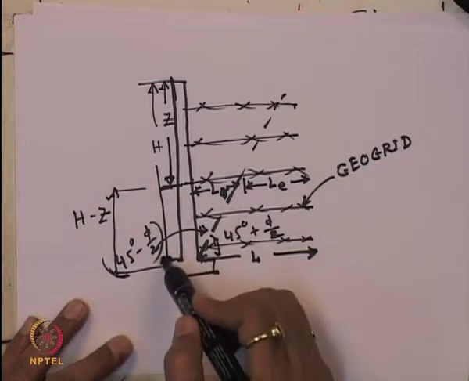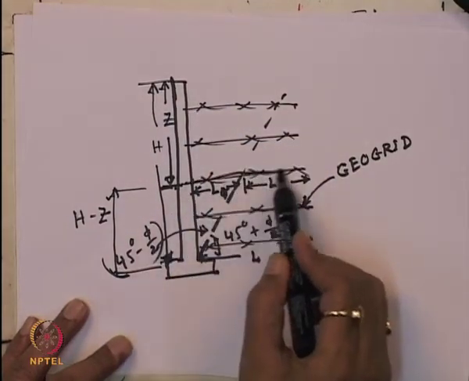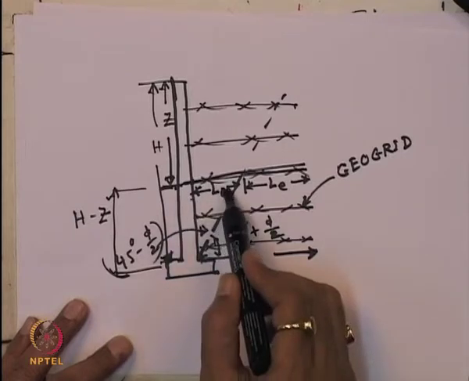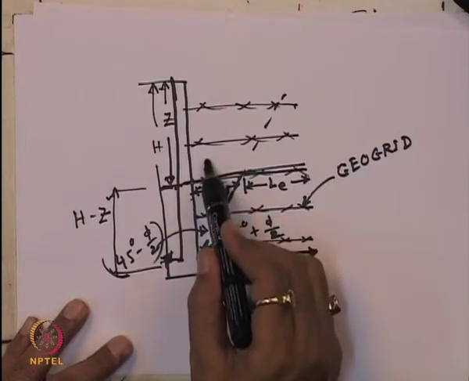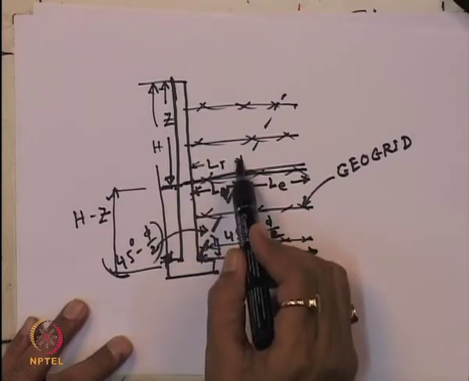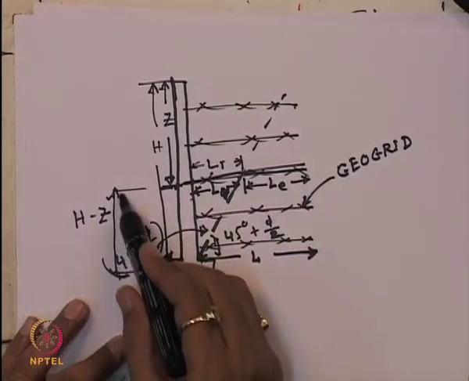This is from here to here h, here to here z, from where you want to calculate this L of R. That means this distance you want to calculate. So this will be h minus z.